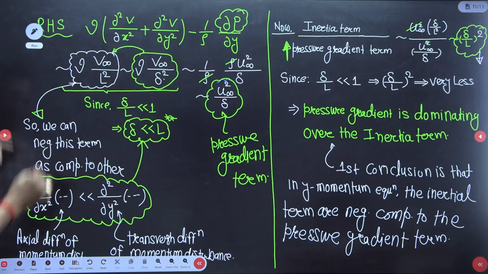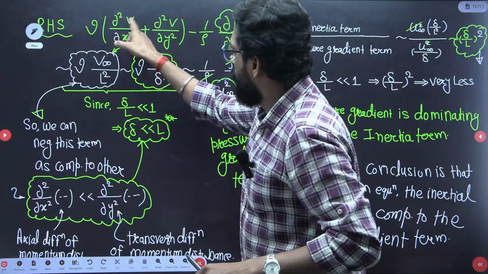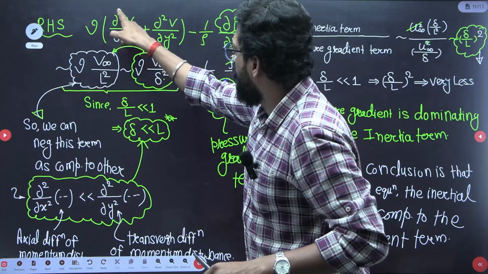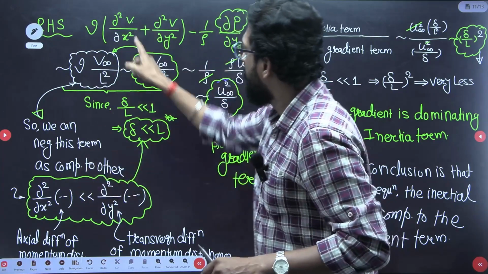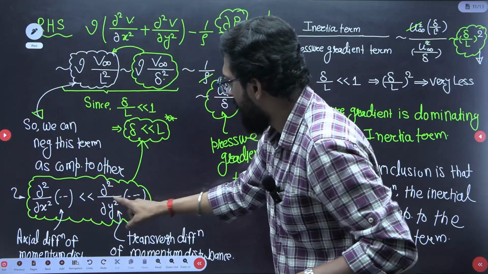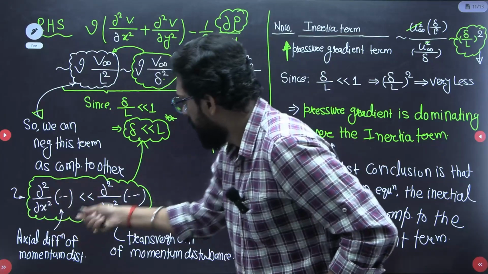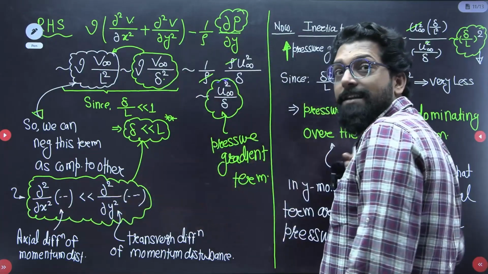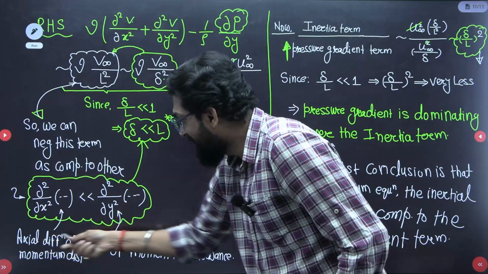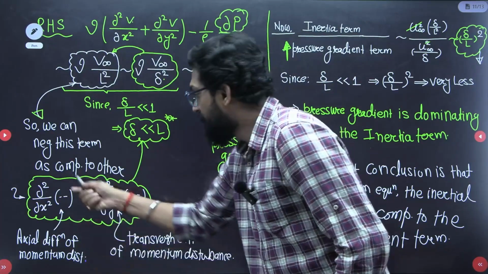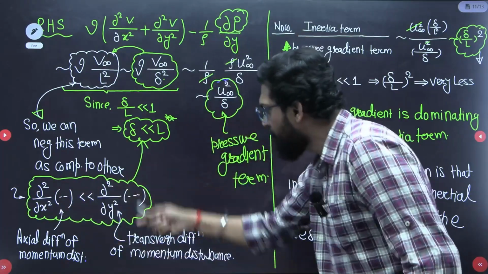That means the very first point is that, no matter what is there, ∂²/∂x² of anything is very much less than ∂²/∂y². X is the plate direction, Y is the transverse direction. So this is the axial diffusion of momentum disturbance, and this is the transverse diffusion of momentum disturbance.